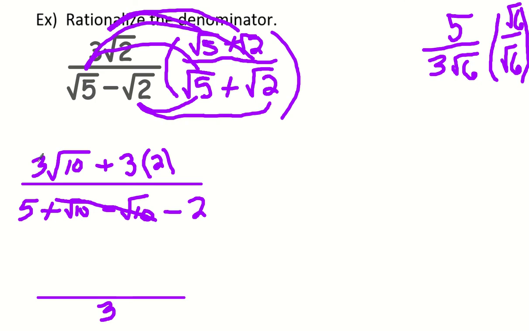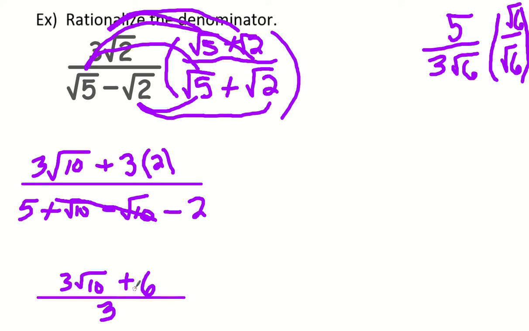Now, what happened on top? Well, we have a 3 root 10 plus 6. All right, I'm going to say that we're done. I'm not going to muddy the waters too much, even though this 3 can actually divide into both of these terms, and you really should do that.